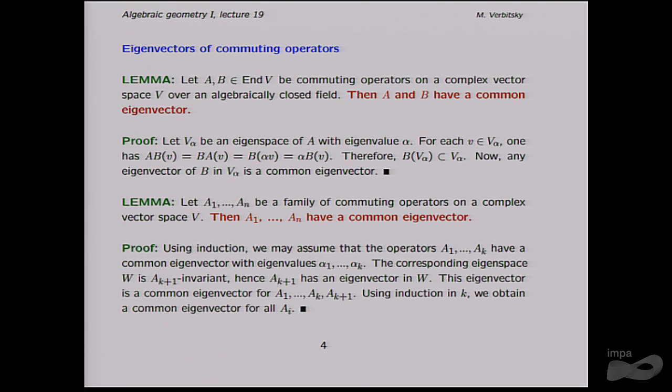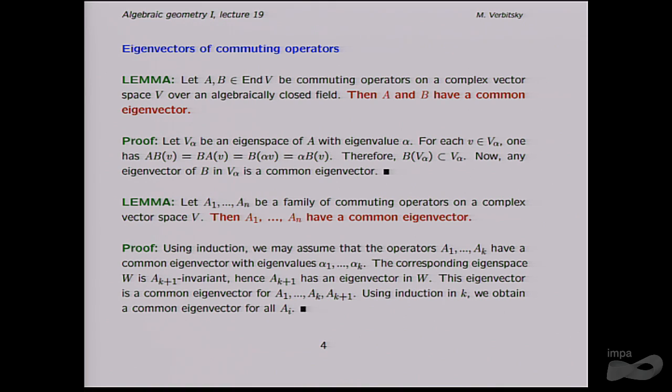Now I'm going to give you something that you probably know. There's a theorem. Suppose you have A1, ..., AN commuting operators in a complex vector space.